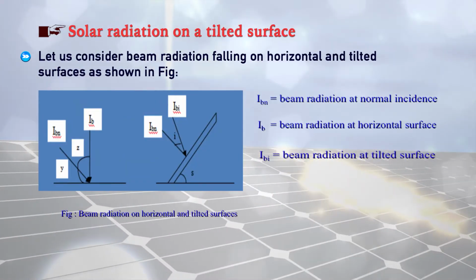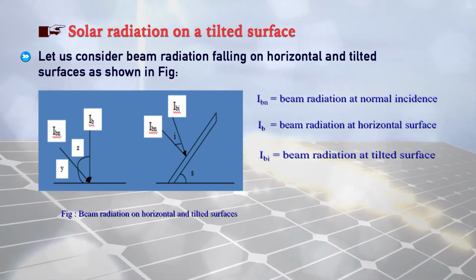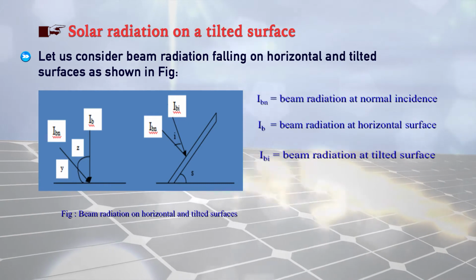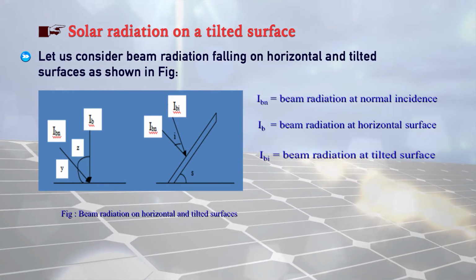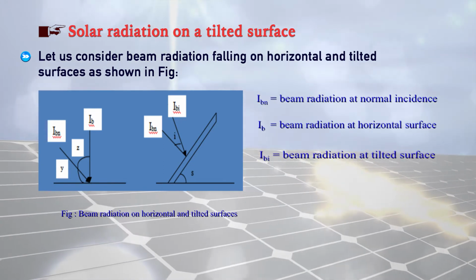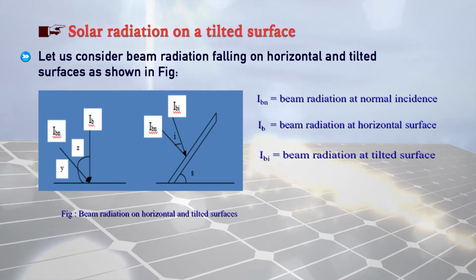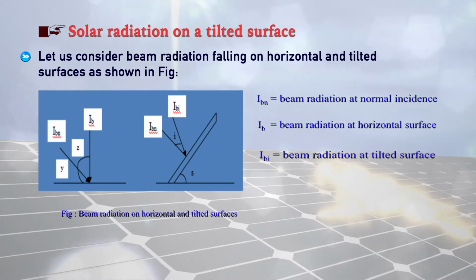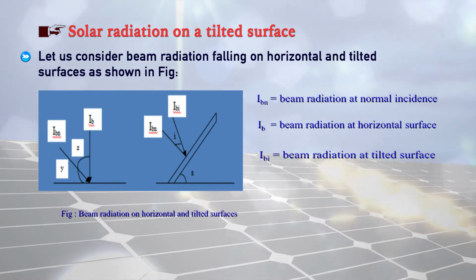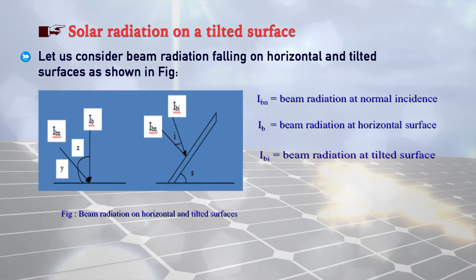Let us consider beam radiation falling on a horizontal and a tilted surface, as you can see in the figure. Assume that I_Bn is the beam radiation at normal incidence, I_B is the beam radiation on the horizontal surface, and I_BT is the beam radiation on the tilted surface.